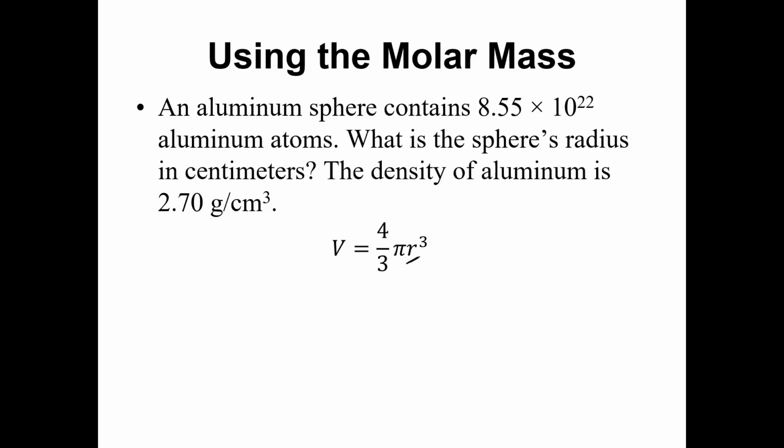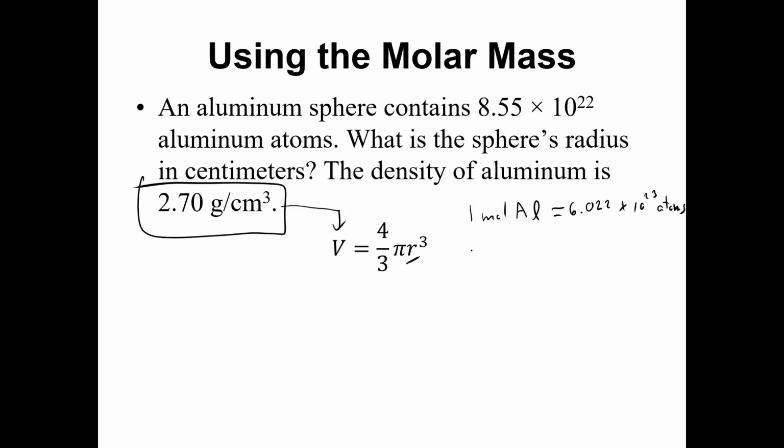And then I'm also given the density, and the density contains a volume. So I can probably figure out the volume from the density of this stuff. Alright, so what do we have? We have conversion factors. We have 1 mole of aluminum equals 6.022 times 10 to the 23 atoms.